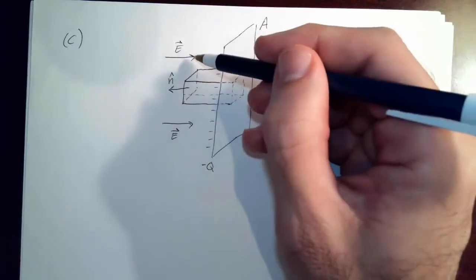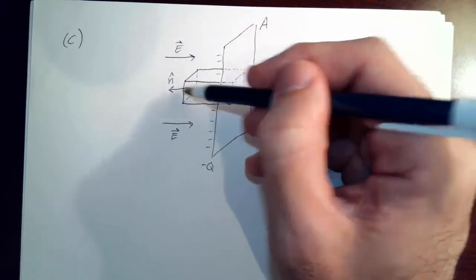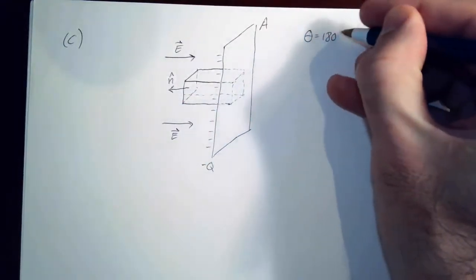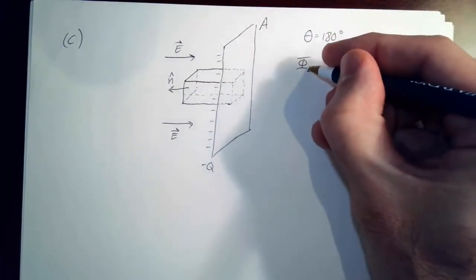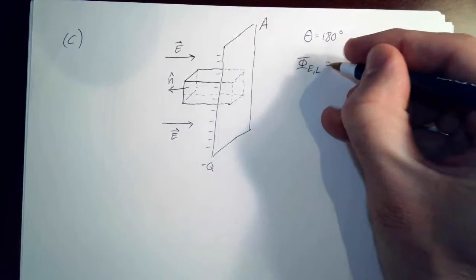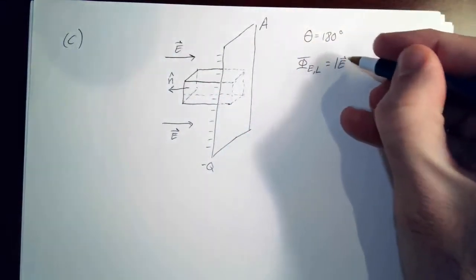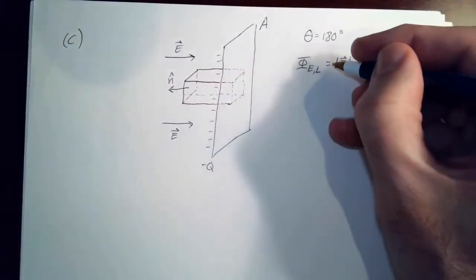Here, as I alluded to earlier, E and n hat are in opposite directions. They're anti-parallel, so theta is 180. So the flux through the left surface is the magnitude of E times the magnitude of n hat, which is 1, times the cosine of 180, which is negative 1.